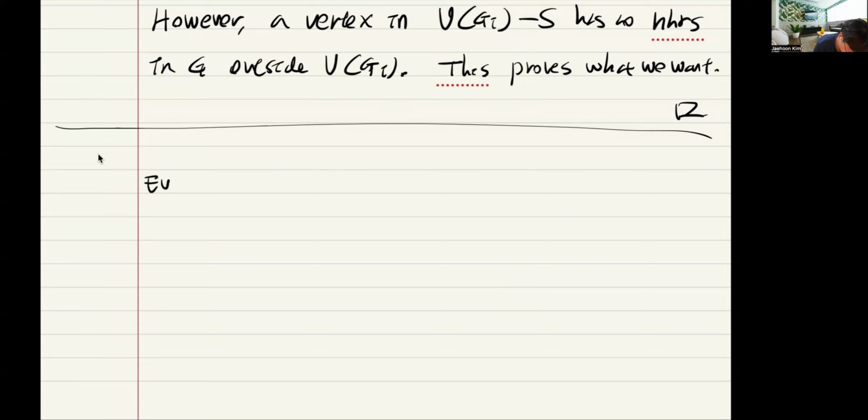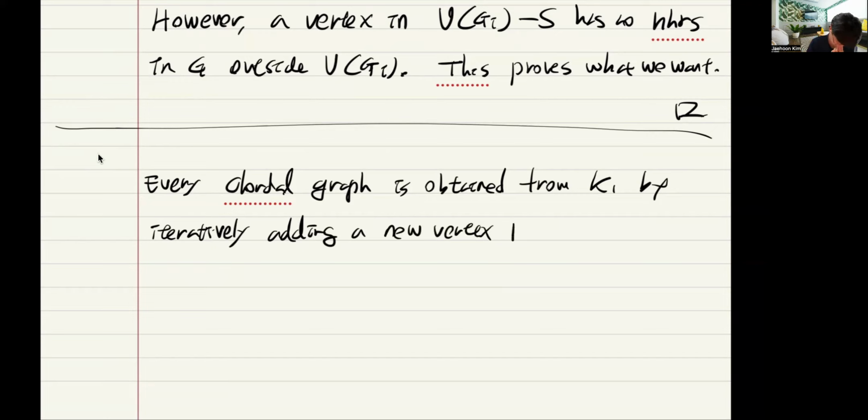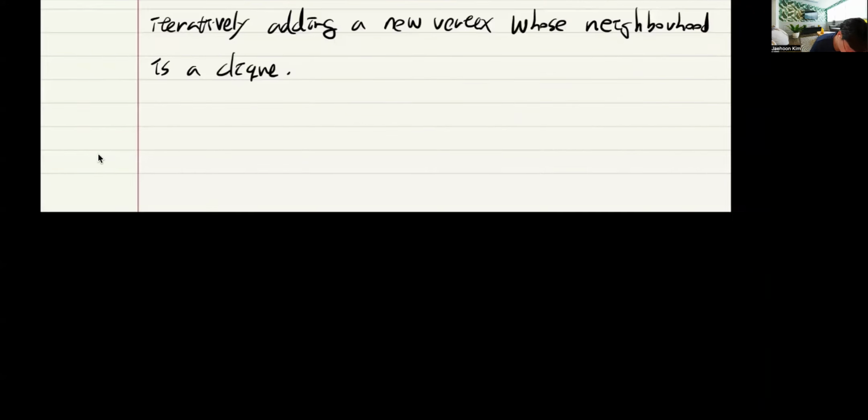So it shows that every chordal graph is obtained from K1 by iteratively adding a new vertex with neighborhood a clique. Okay.